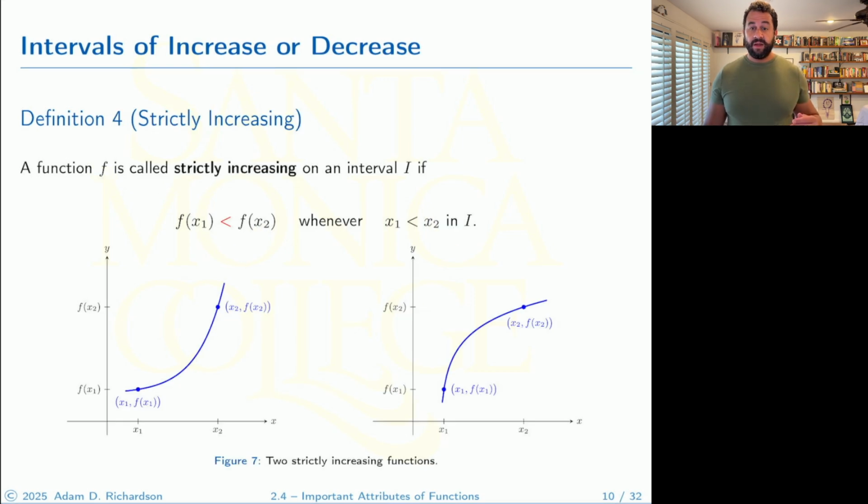Right, now there's a notion of what's called strictly increasing. So we say this: a function is called strictly increasing on an interval if f of x1 is strictly less than f of x2 whenever x1 is strictly less than x2 in that interval, whatever the interval is, your choice. So again, here's a picture of it. And let me zoom in a little bit.